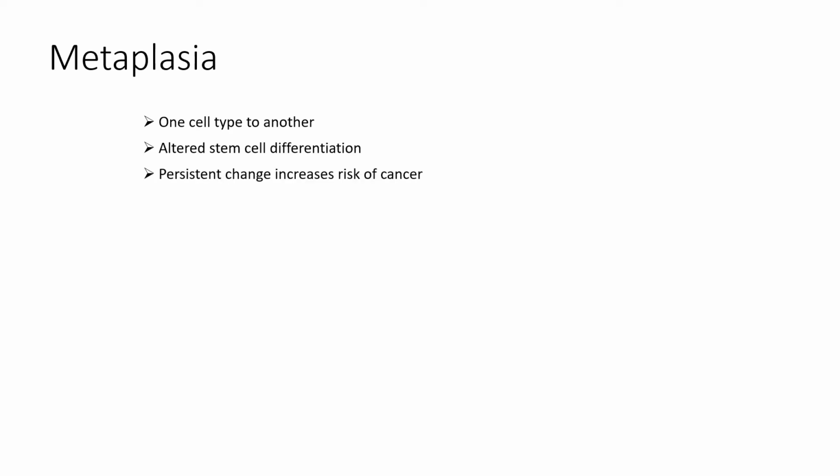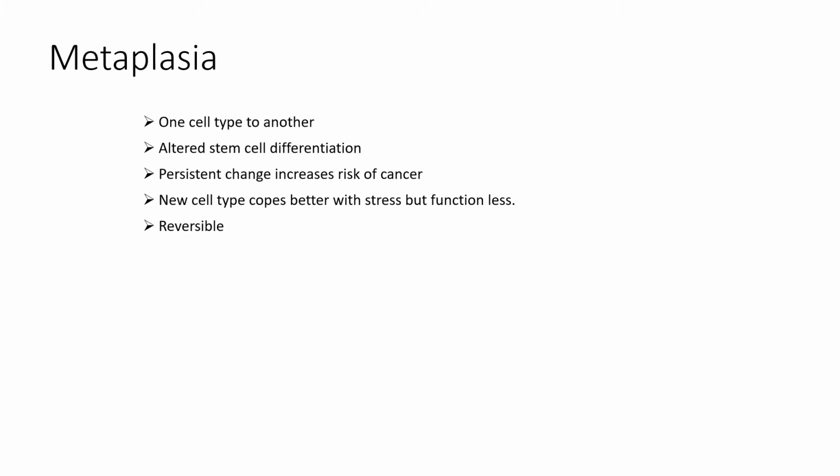The last adaptive mechanism is called metaplasia يعني a one cell type is transformed to another cell type. بيختلف نوع الخلية بتتحول من شكل إلى آخر وهذا التشينج إذا ضل persistent ممكن إنه يحمل risk of cancer يعني ممكن يتحول إلى سرطان.